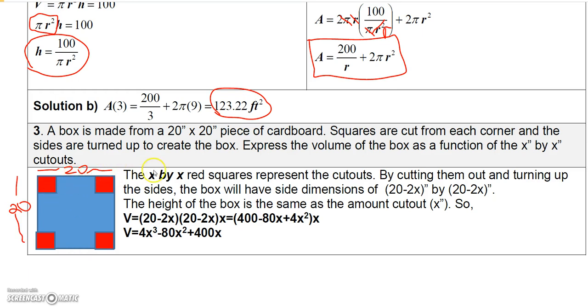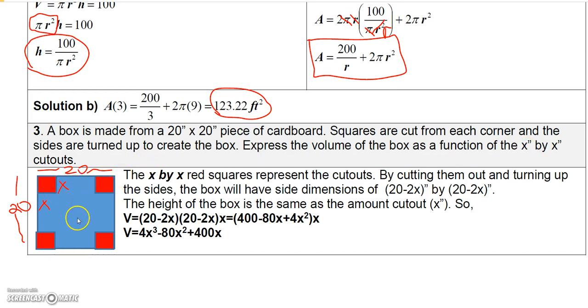And so what we're going to do is we're going to cut squares out of each corner, and so I've highlighted the squares in red. So we're going to cut a square out of each corner, and the size of the square we're going to cut is going to be x by x. So that's the dimension of the squares. And so we want to express the volume of the box as a function of these x by x cutouts.